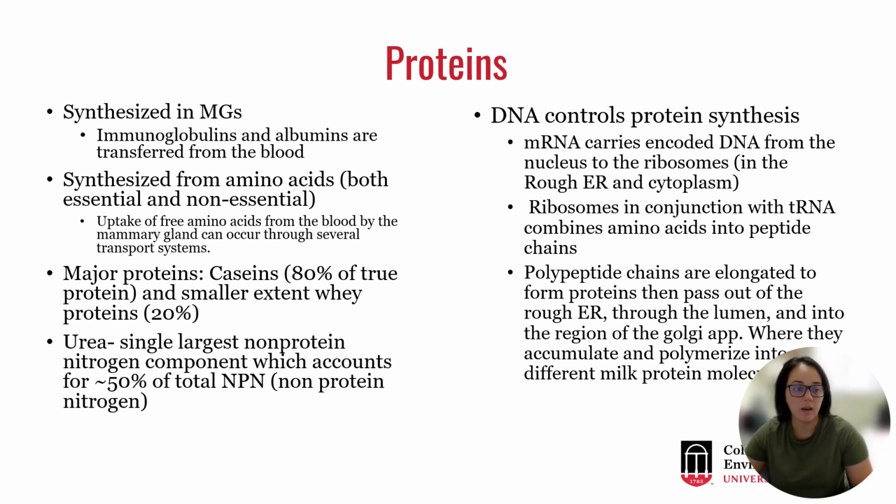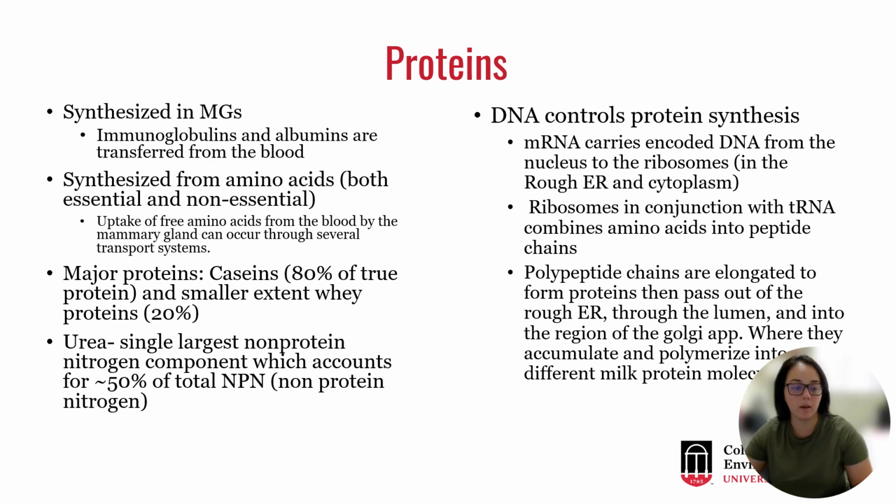However, some of the immunoglobulins and albumins can be transferred from the blood. As I mentioned before, these milk proteins are synthesized from amino acids, both essential and non-essential. And the uptake of free amino acids from the blood by the mammary gland can occur, as we all know, through several metabolic pathways and transport systems.